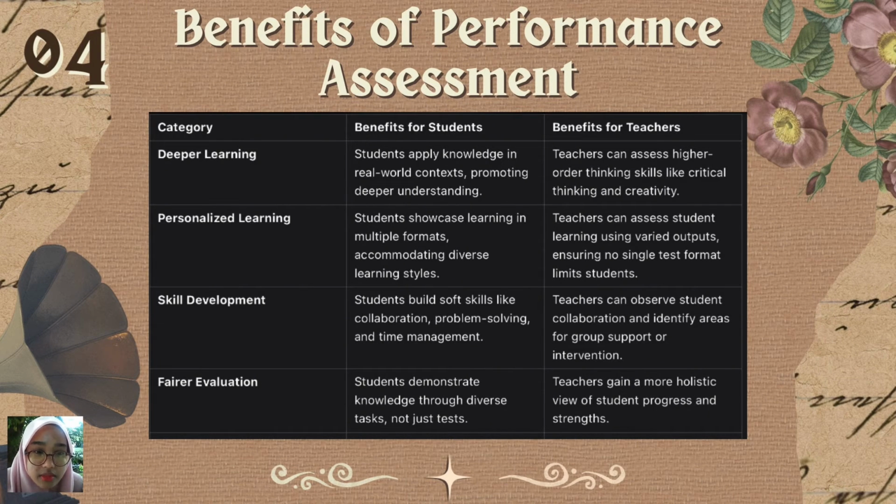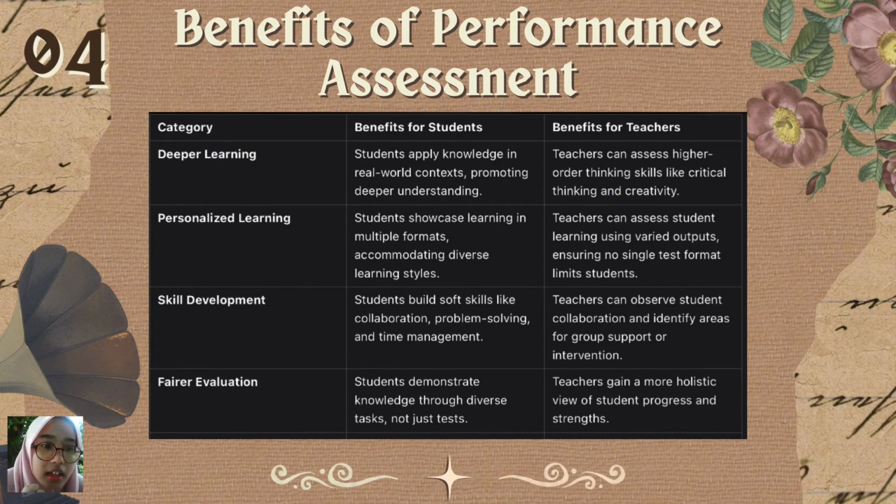Skill development: students build soft skills like collaboration, problem solving, and time management, while teachers can observe student collaboration and identify areas for group support or intervention. Fair evaluation: students demonstrate knowledge through diverse tasks, not just tests, while teachers gain a more holistic view of student progress and strengths.